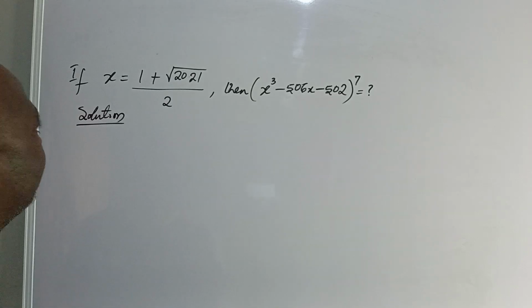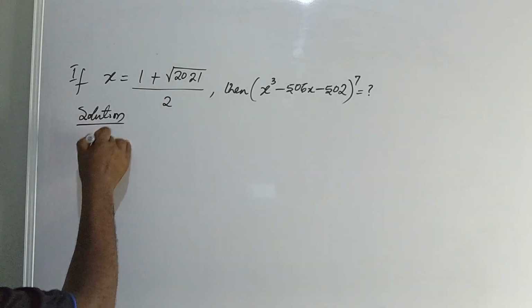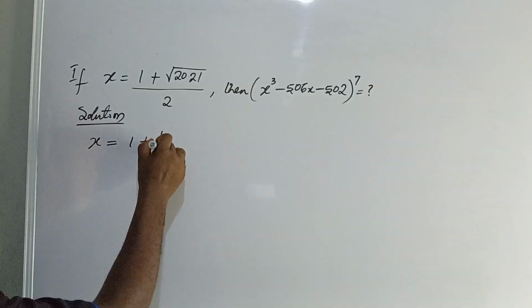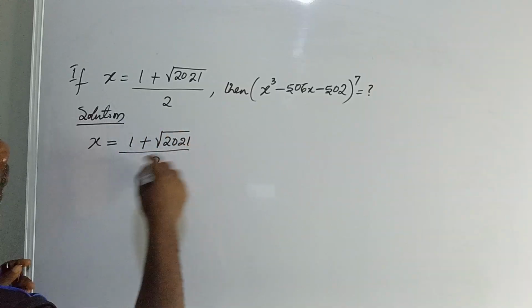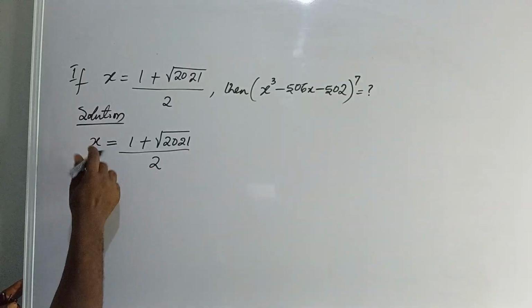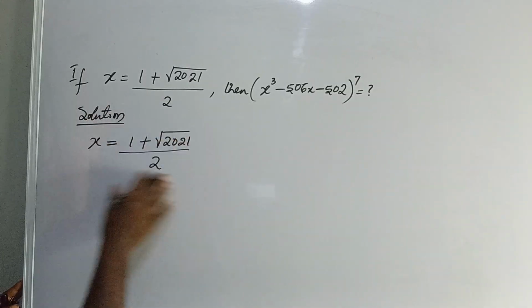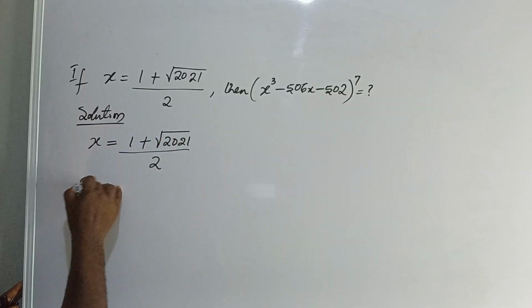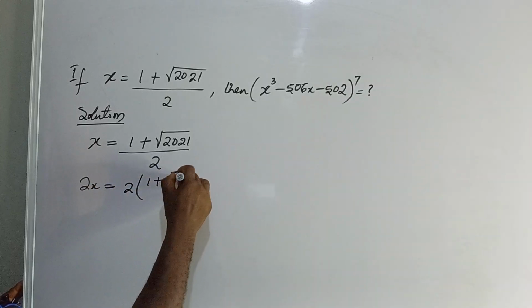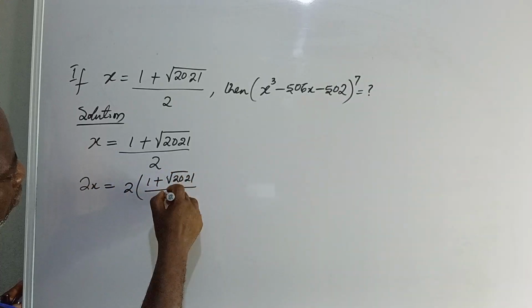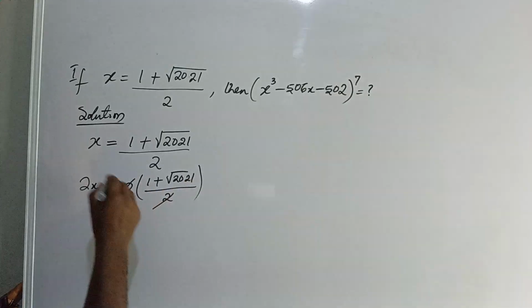We write down the question: x equals (1 plus square root of 2021) divided by 2. Then we multiply both sides by 2. We have 2x equals 2 times (1 plus square root of 2021) all over 2, and this cancels.